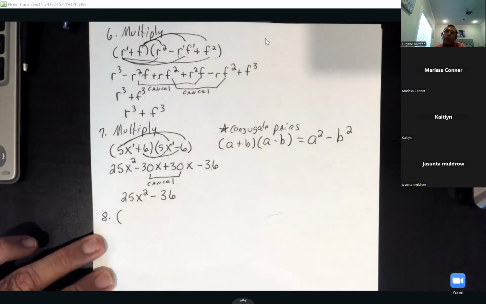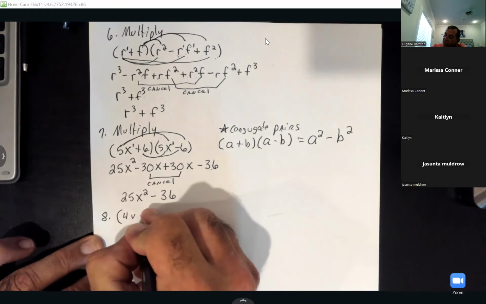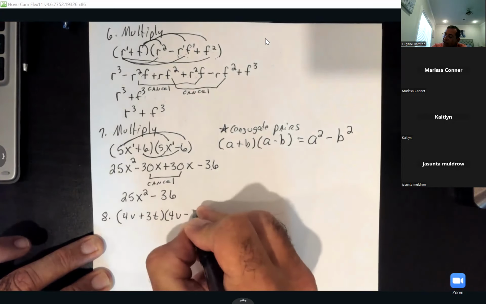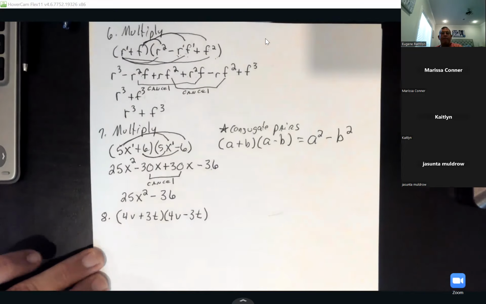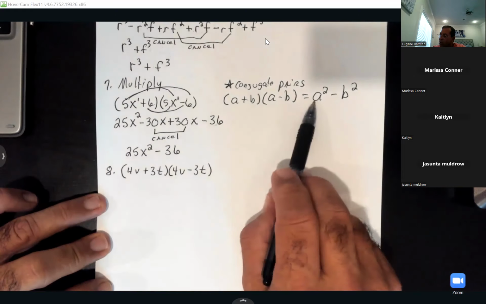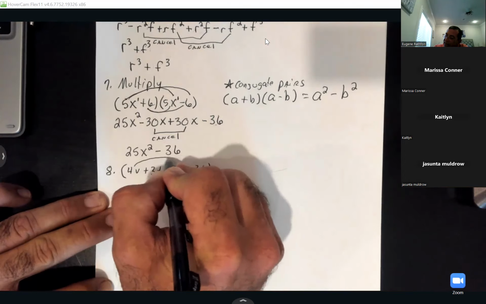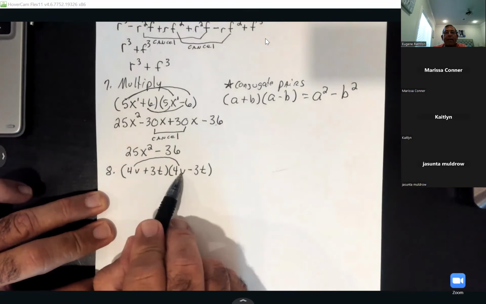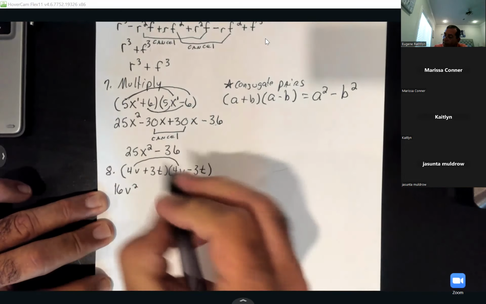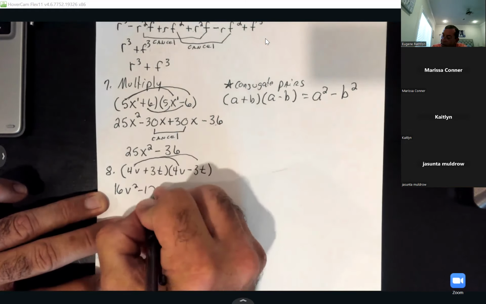All right, so then they wanted us to do another one with conjugate pairs. 4v plus 3t times 4v minus 3t. And y'all remember, since these are conjugate pairs, I will end up with something like this. So let's multiply and see. 4v times 4v is a 16v squared. 4v times negative 3t is a negative 12.